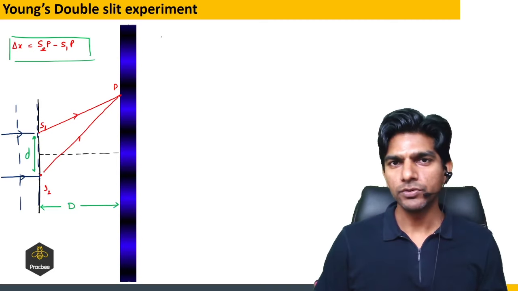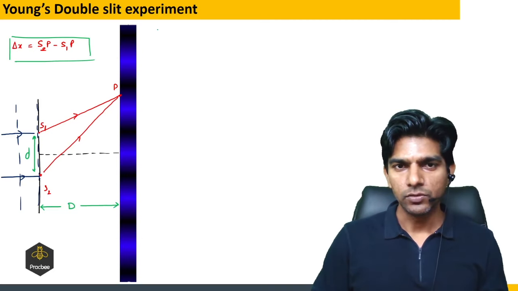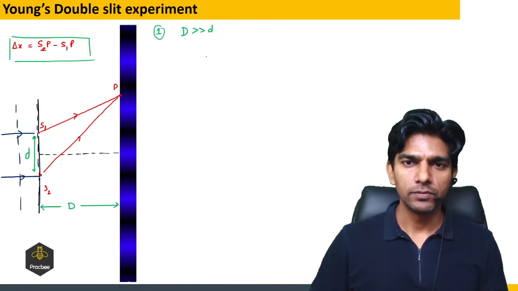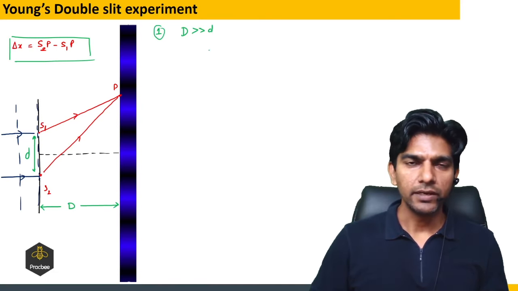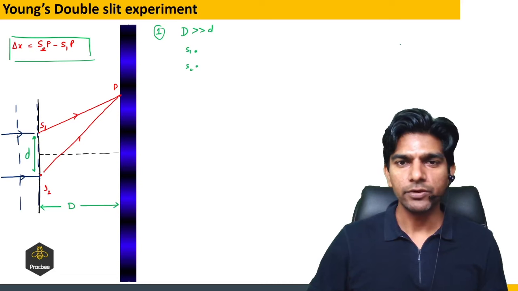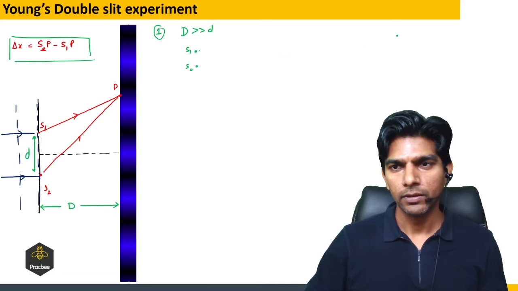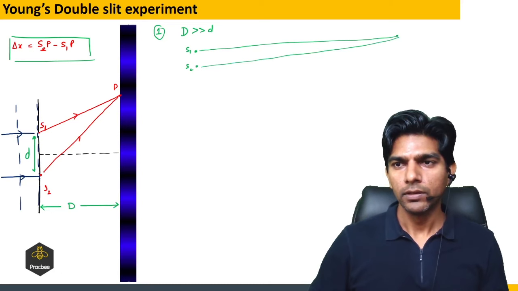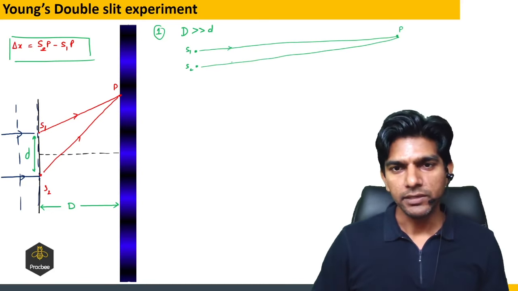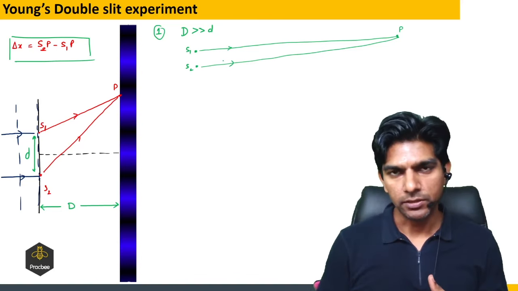So here we're going to use some assumptions. Let us see the first assumption. If capital D is very large in comparison to small d, right? Let me show you. If this is S1 and this is S2, and if P is quite far from S1 and S2, and if I draw the rays from S1, S2 up to P, then these rays will look nearly parallel to each other, right?